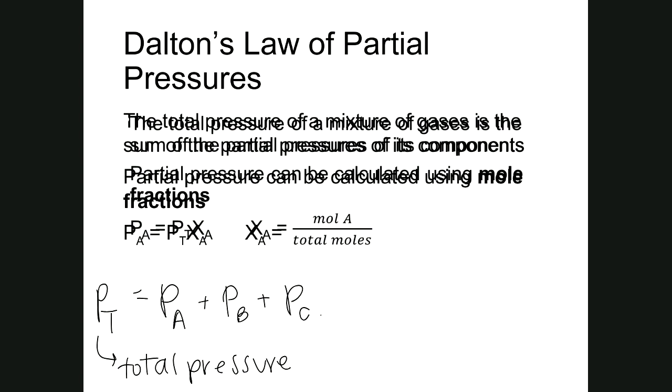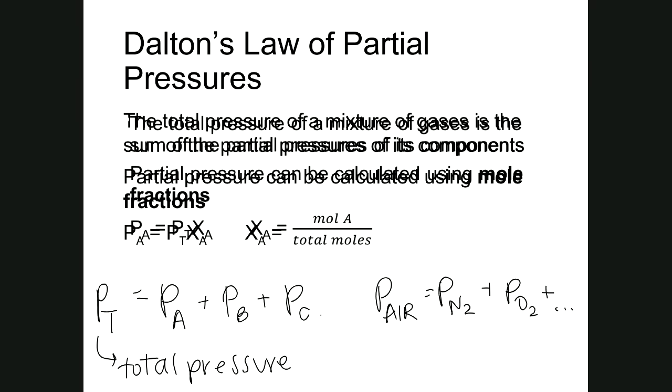So if we think about air, for instance, we could say that the total pressure of air is equal to our partial pressure of nitrogen, and our partial pressure of oxygen, and our partial pressure of the other gases that exist in air. And that's where we get that atmospheric pressure from.